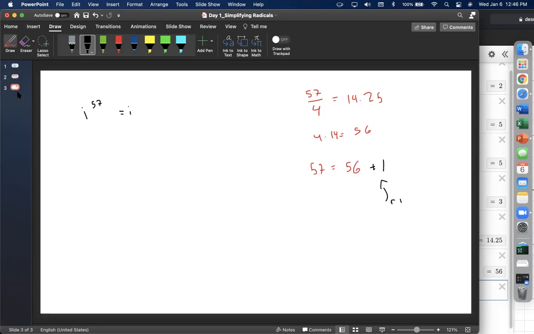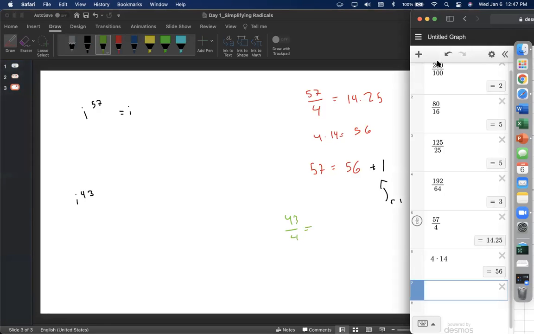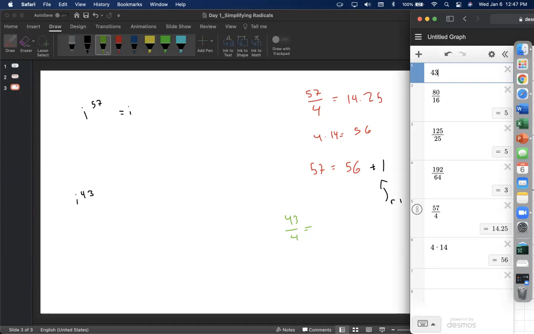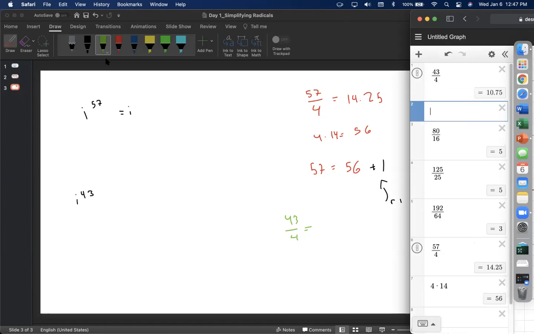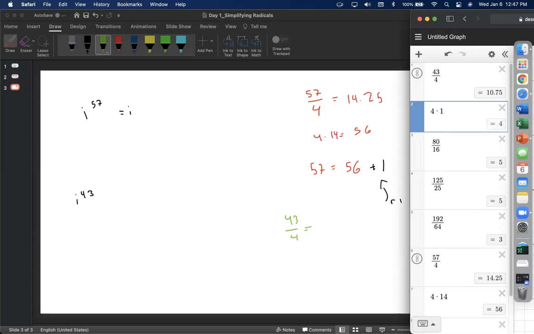Next, let's do i up to the 43 power. So we are going to take our 43 divided by 4. Let's see what answer we get. That gives us 10.75. Then we are rounding down. So we will have 4 times 10.